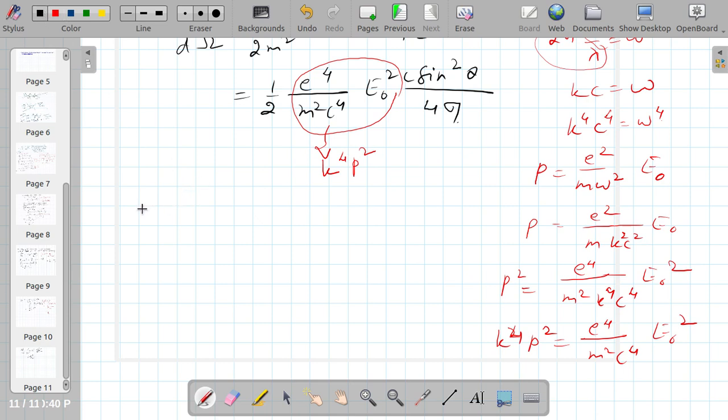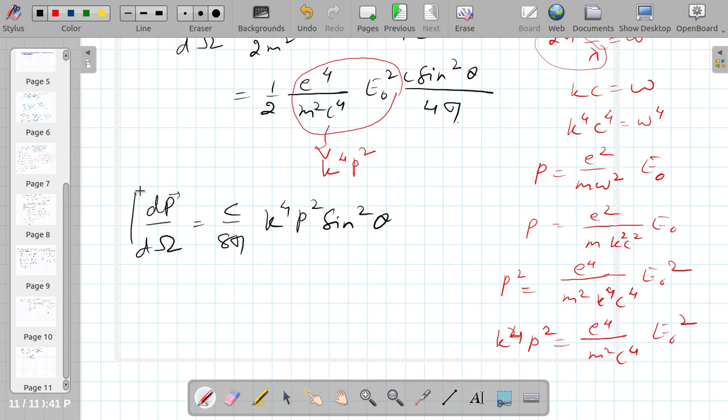So therefore dP over d omega is equal to c over 2 into 4, this is 8 pi, k to the 4 p squared sine squared theta.